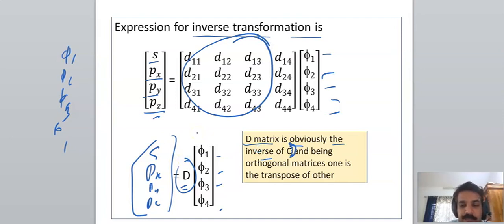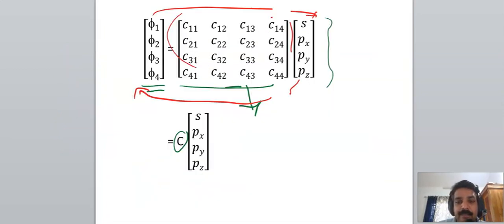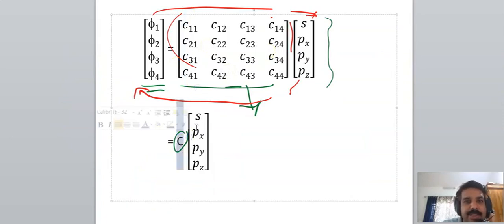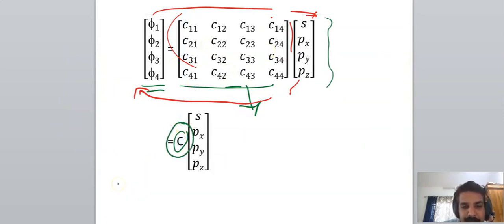So one is the transpose of the other. What is our aim? Our aim is to find out this coefficient, that is, the C matrix. Our aim is to determine the C matrix.